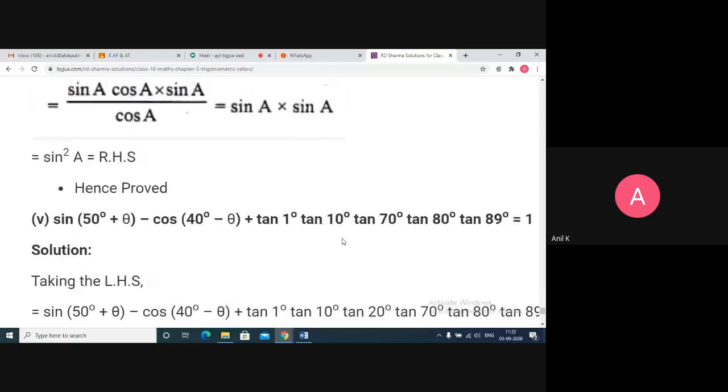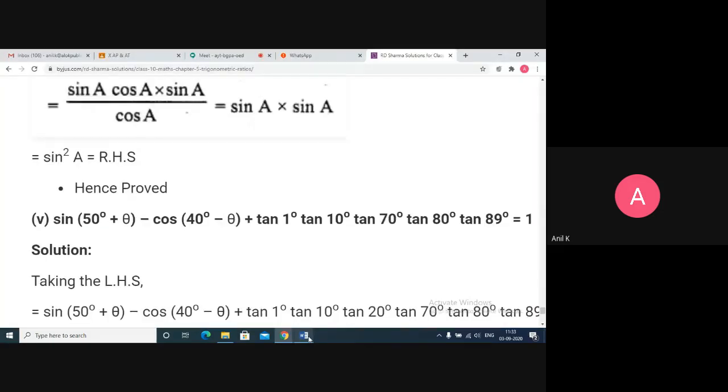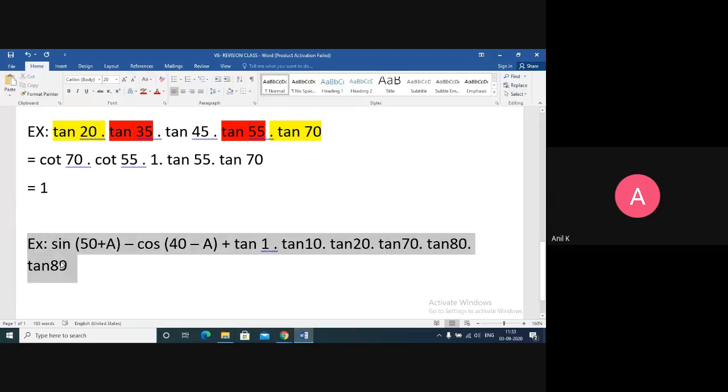Tan 1, tan 10, then tan 20 is missing in the question. Tan 20, 70, 80, and 89. 1, 2, 3, 4, 5, 6. So you have to simplify this one.